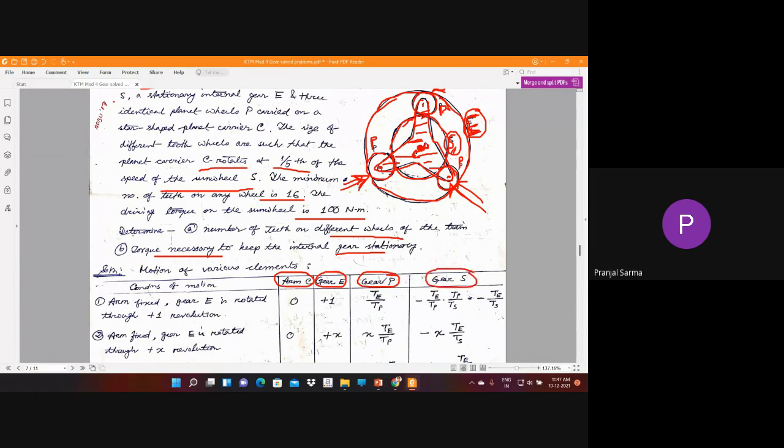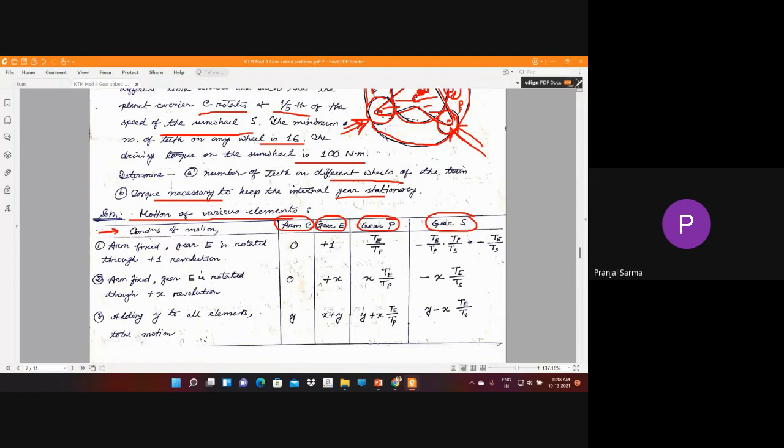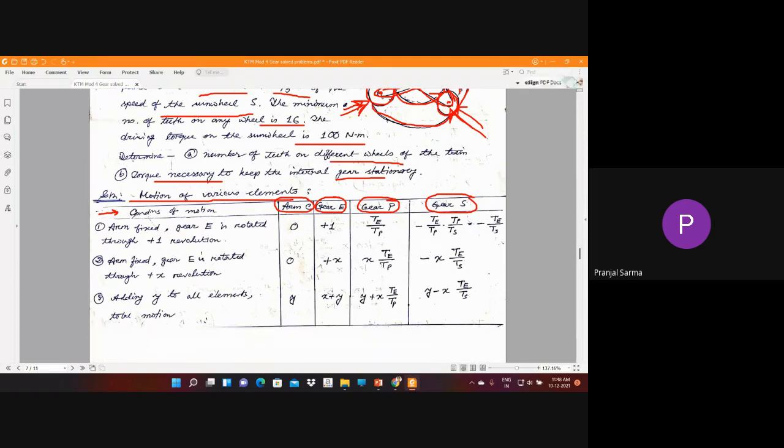So in this case we'll be making a table for the motion of various elements. In one of the columns we consider the different conditions for motion, and under that influencing condition of motion, we try to see what kind of motion is gained by all the different elements present in this system.